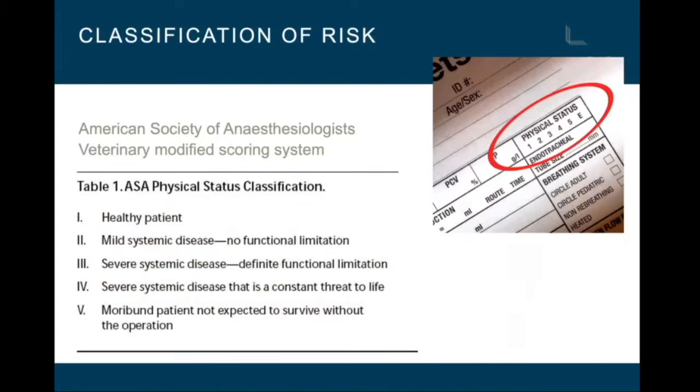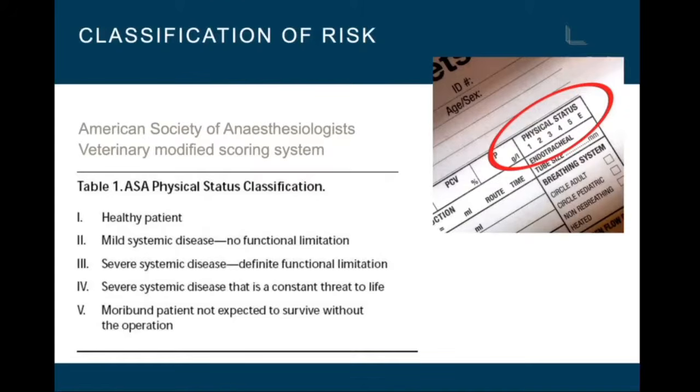So it is going to be somewhat subjective, but can we make it any less subjective? There are a couple of systems that we can use in veterinary medicine to try and become more objective. The first one, which you may be using currently, is to assign an ASA grade to the patient. This is a scaling system that was designed by the American Society of Anesthesiologists, and it's been modified for our veterinary patients.